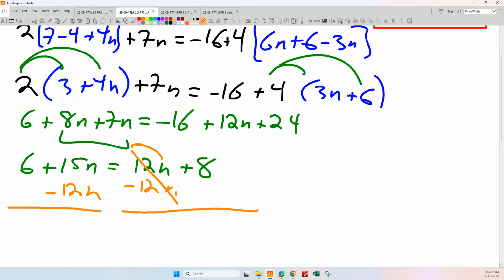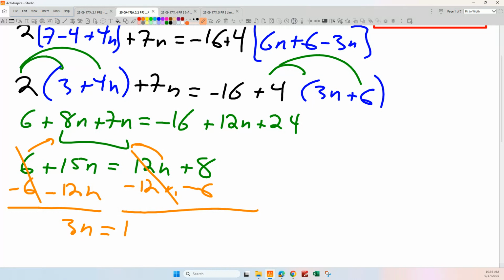If we're pushing the n's to the left, what else could we do here, combined steps? The 6 and the 8. Good, numbers go the other way, don't they? Perfect. So now we're going to subtract 6, cancel those guys, and that's going to give us 3n equals 14.